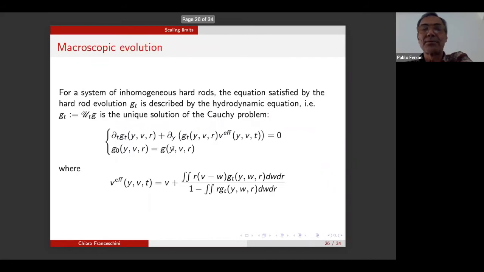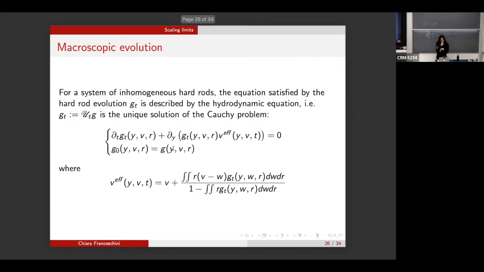I don't know exactly who asked about the dependency of the effective velocity on R. So you have an R in the velocity, but it's the R associated with the colliding particle, the target particle, the quasi-particle that is going at speed v. The velocity depends on that, but does not depend on its own.